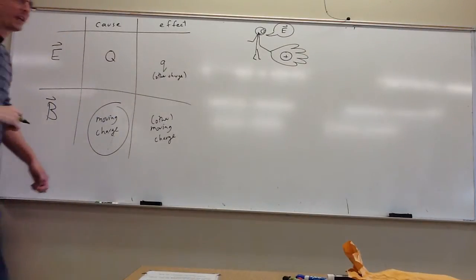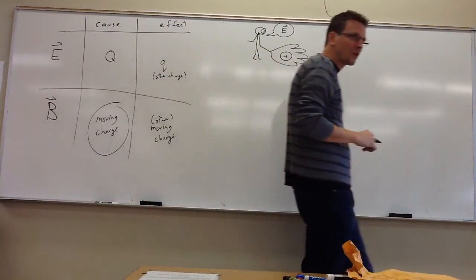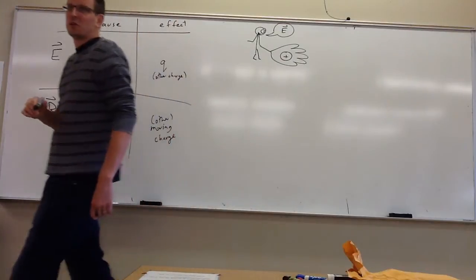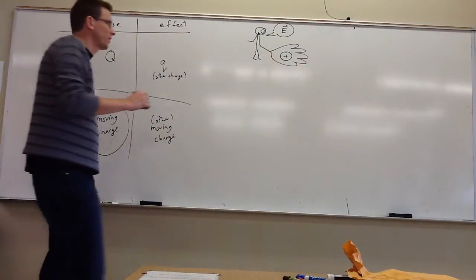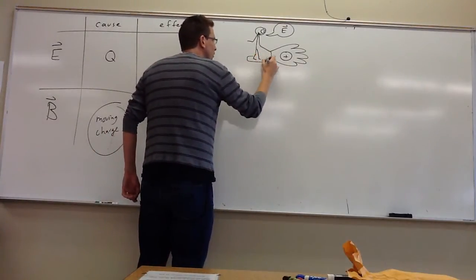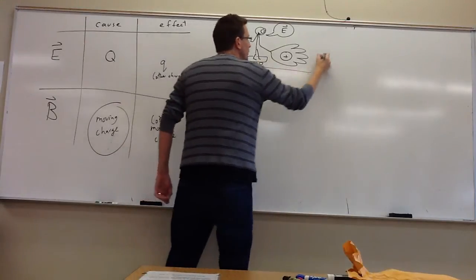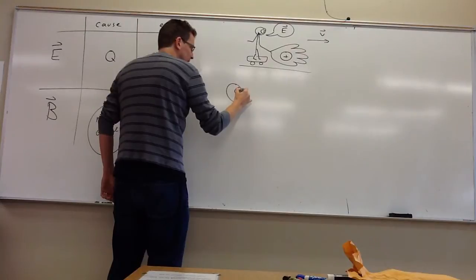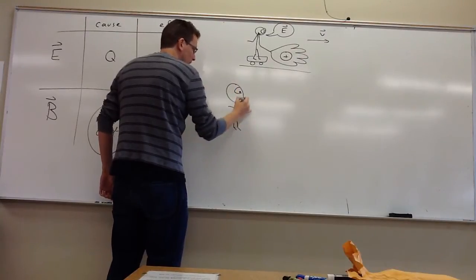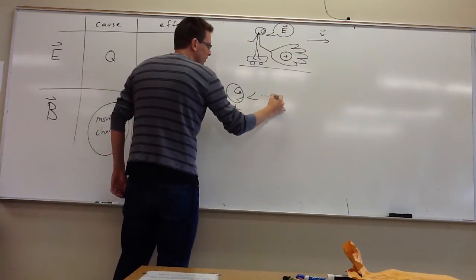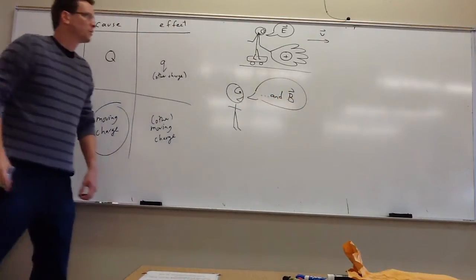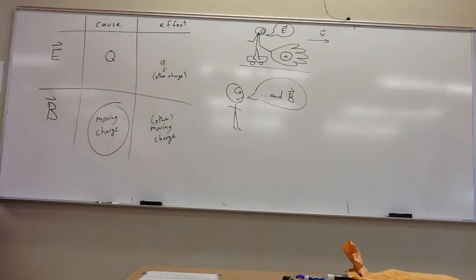They're just holding it in their hand. That's the charge, so it makes an electric field. But, of course, motion is in the eye of the beholder. So if this person was also moving, and another person looked at that, they would say, and it makes a magnetic field too. Because to that person, that charge is moving.